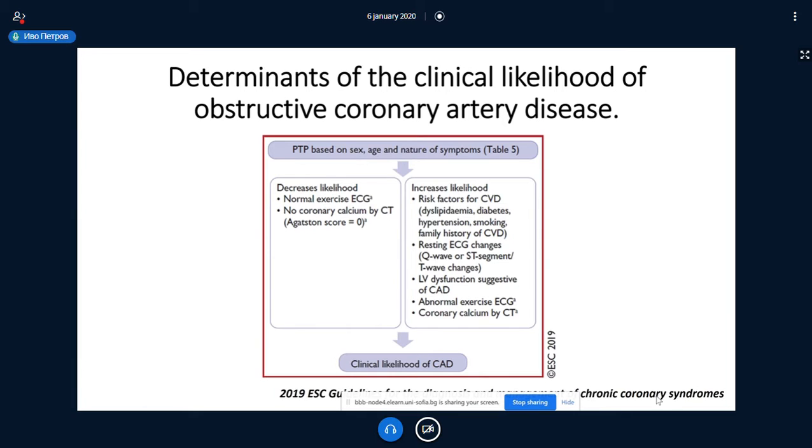So in case we have high probability, as a screening we are going to use CT angio, which is now included in the guideline, or cardiac MRI.